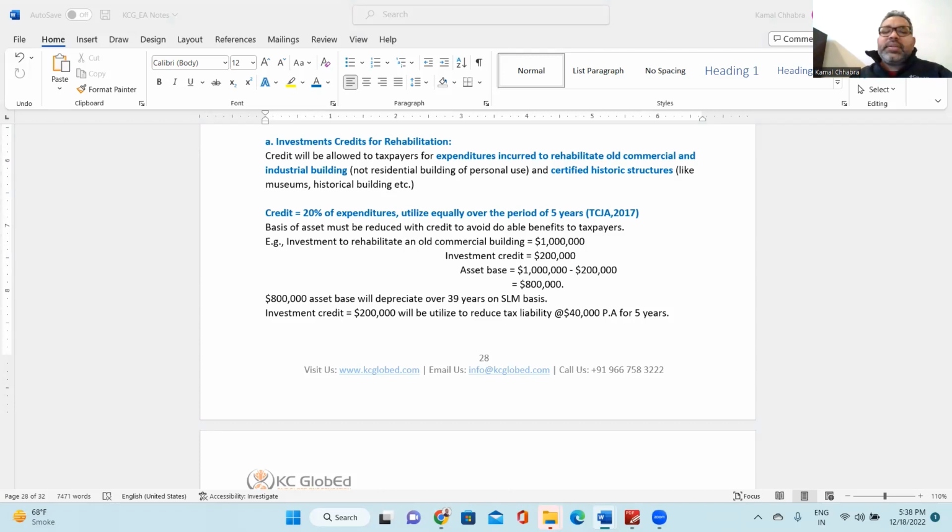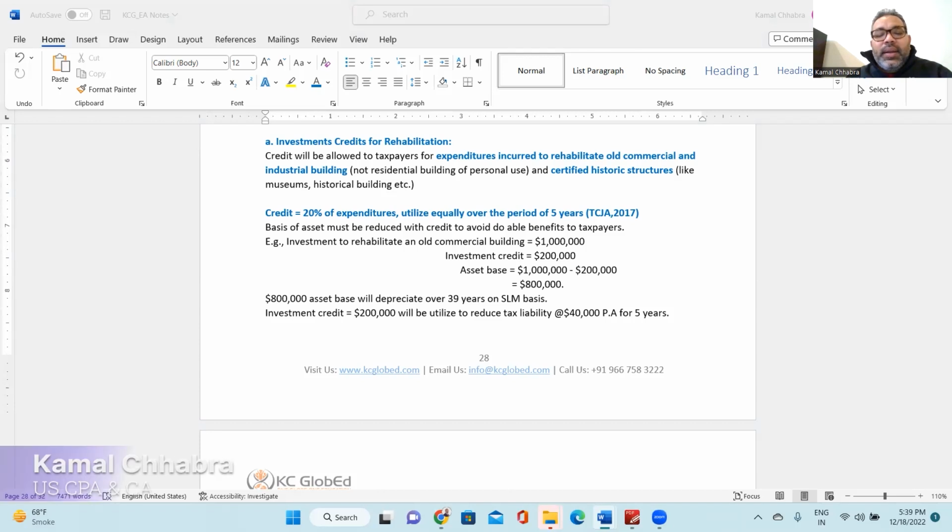Let's see this example. Investment to rehabilitate an old commercial building was $1 million. The maximum credit is 20% of the capital expenditure, that is $200,000.